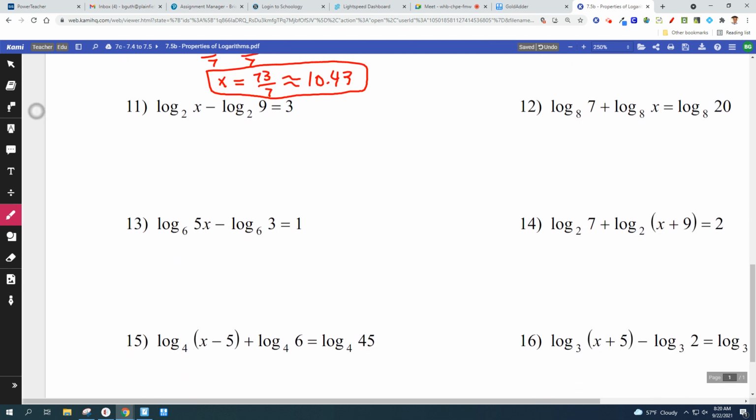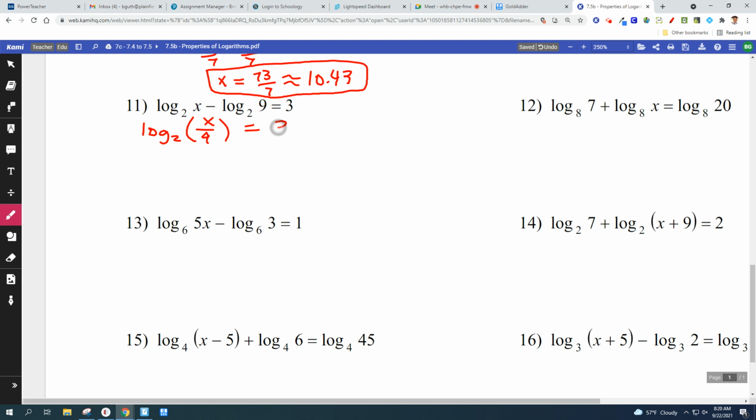Okay. Number 11. Condense. We know subtraction changes to division. We're going to raise both sides into the exponent by using a base 2, which is going to cancel my logarithm, give me x over 9 equals 2 to the third power, which is 2 times 2 times 2, not 6.